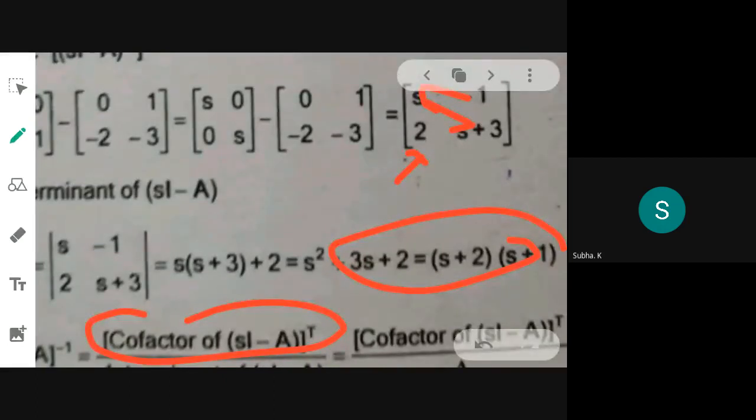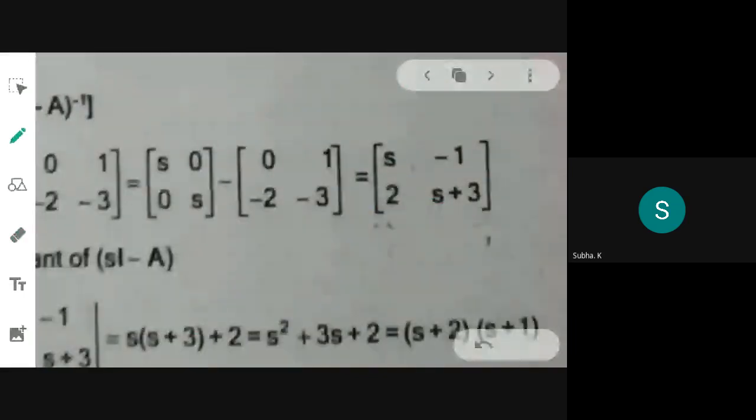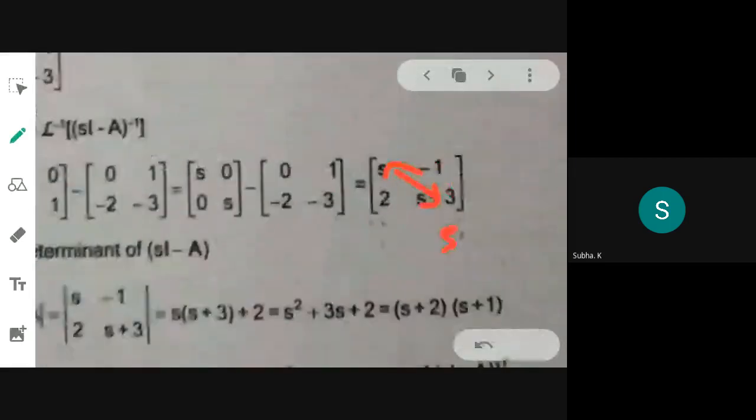Do you remember that from maths class? Yes, ma'am. The same thing again: you have to reverse the location of these two. So S plus 3 will come here, S will come here.